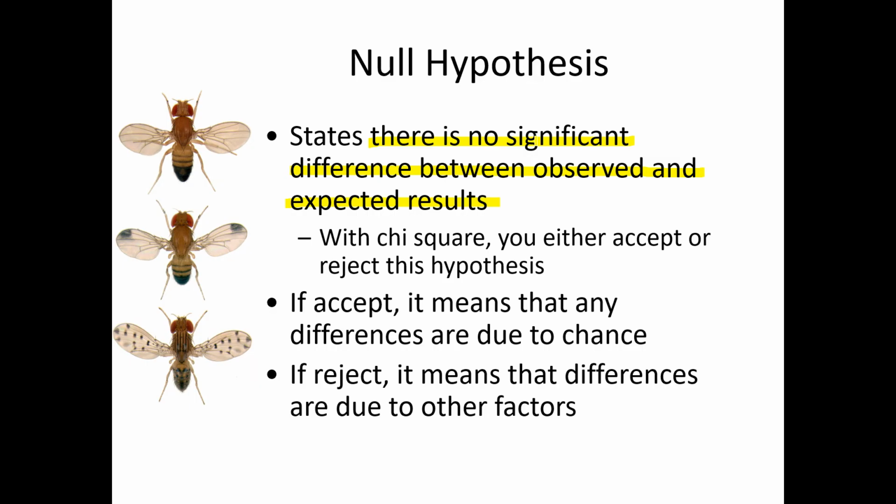Okay, so what you would do if you had done the fruit fly experiment is you would have counted all of these flies. You would have come up with ratios that would indicate a particular inheritance pattern. And then we would use those observed numbers and compare them to what we should have gotten if it happened perfectly.